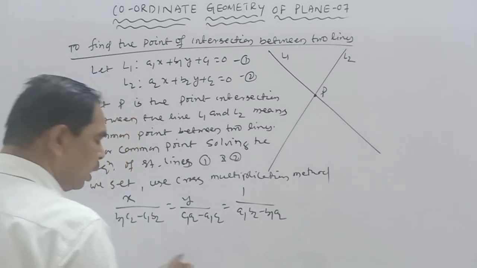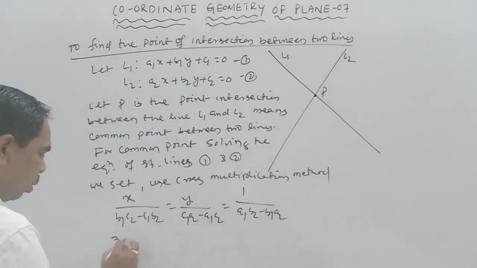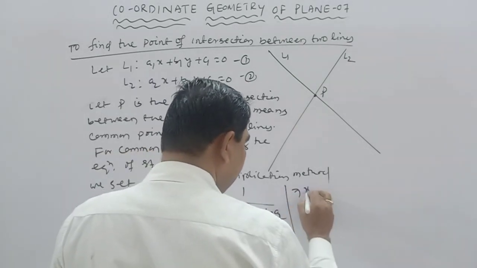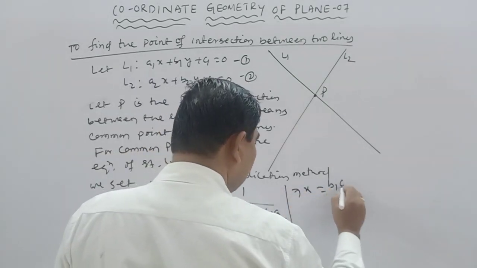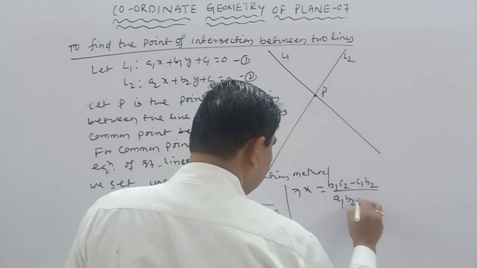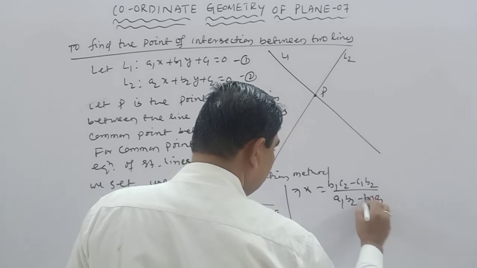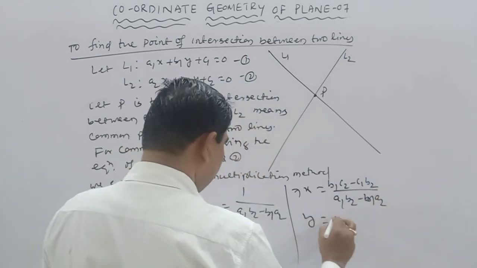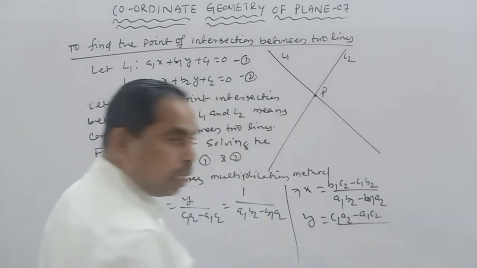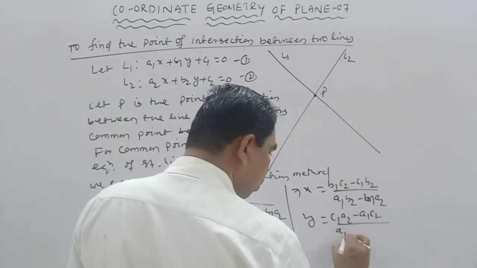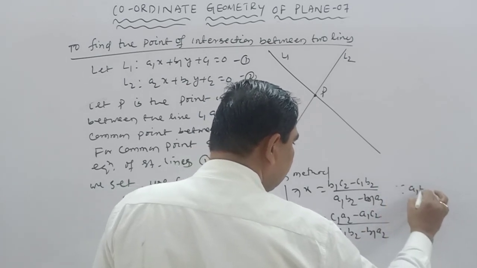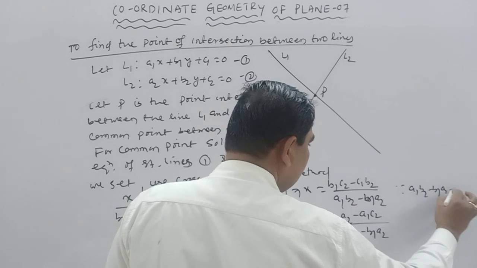So what is x? x is equal to (b1 c2 minus c1 b2) divided by (a1 b2 minus b1 a2). y is equal to (c1 a2 minus a1 c2) divided by (a1 b2 minus b1 a2), with the condition a1 b2 minus b1 a2 not equal to 0.